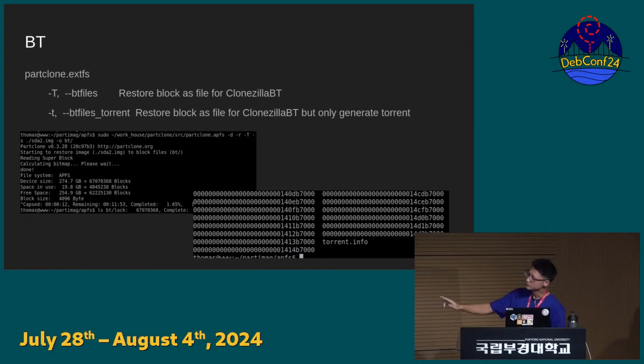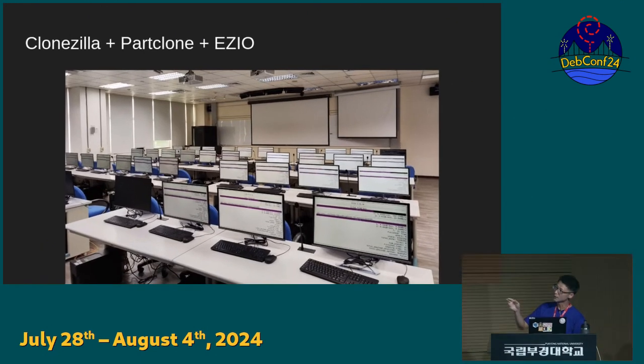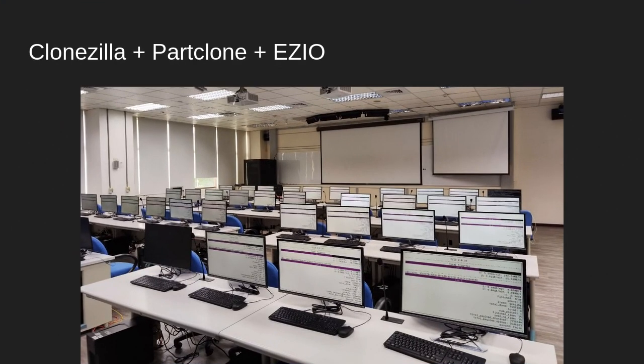We also have the BitTorrent information here. This is an example of what we are doing. We work with Clonezilla, Partclone, and EasyIO. EasyIO, as I mentioned before, can receive the Partclone data and write to the disk directly.